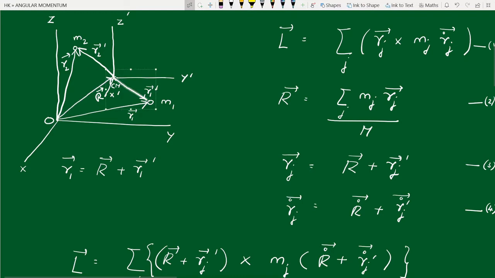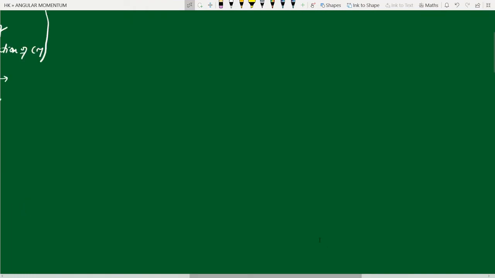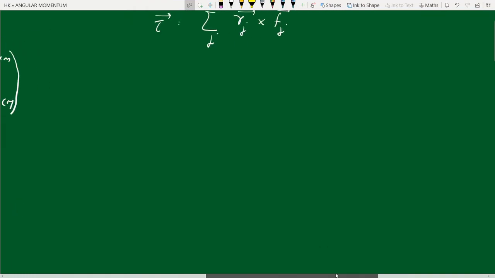In general we can say Rj is equal to, look at equation 3 here, R plus Rj prime. So we are going to use this result here.